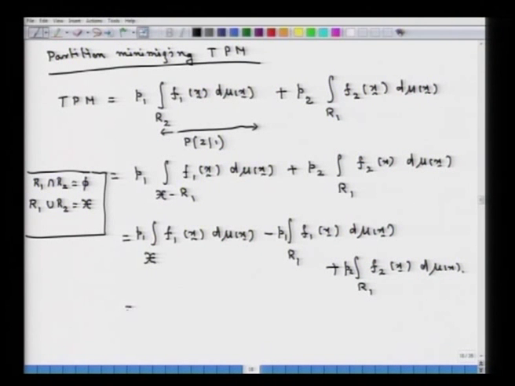Now, let us write it in the way that there is a single integral over R1.